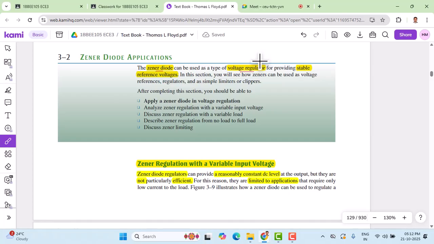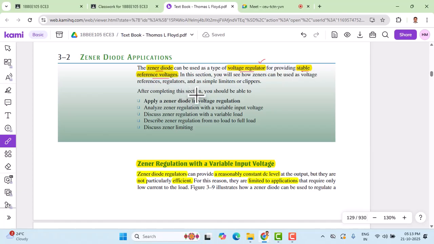It may be the laptop or the smart TV, which demands DC voltage. Across those applications, we need a Zener diode because it maintains a constant voltage across it and provides a stable reference voltage. Reference means it's a DC voltage. And that is the main role of the Zener diode as compared to the ordinary PN junction diode.